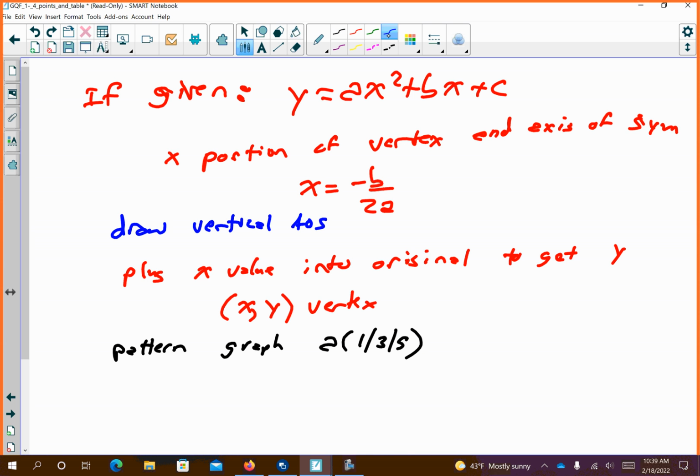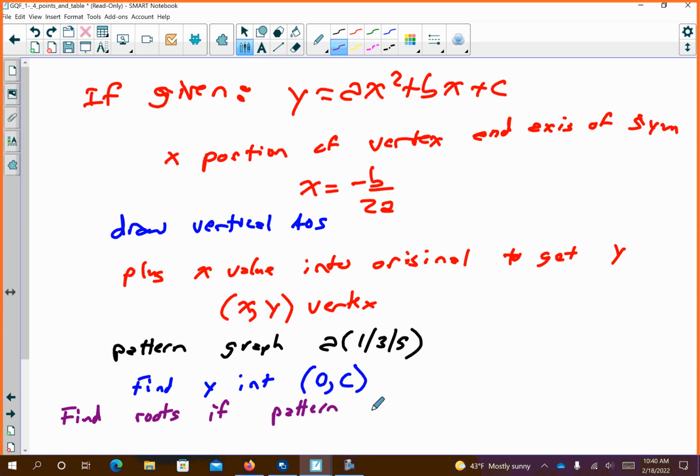Other things that come along with this, we can find the y-intercept by doing (0, c), and that c comes from above. And then right now we can find roots if the pattern graph lands on the x-axis.